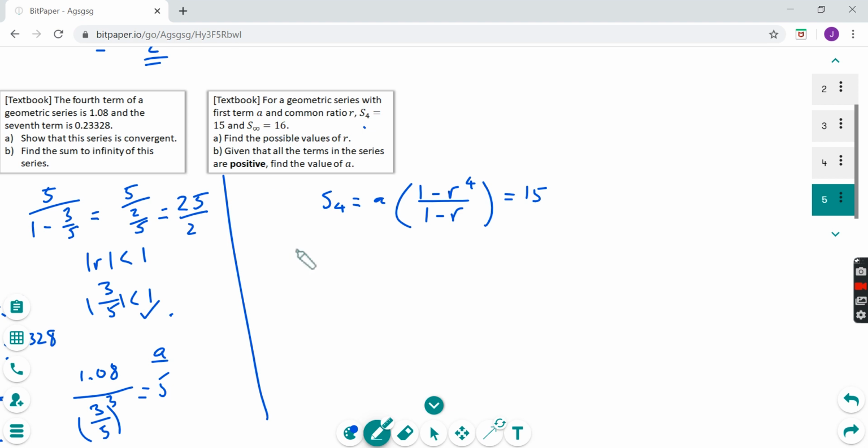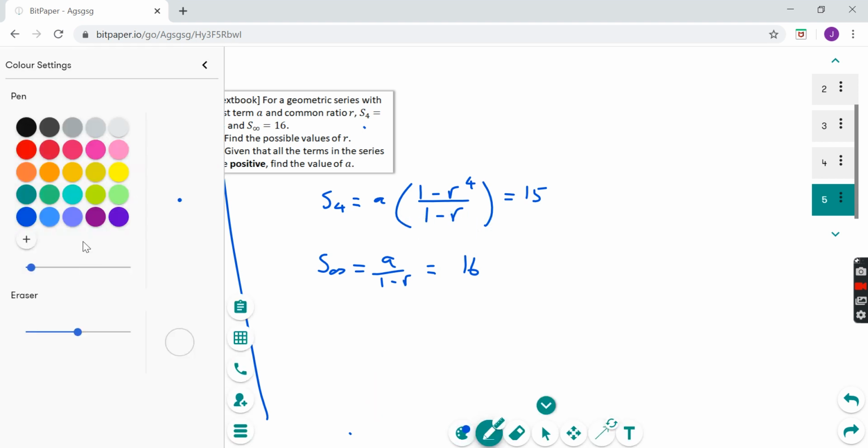The sum to infinity is 16, so the sum to infinity is going to be a over 1 minus r, which is 16.